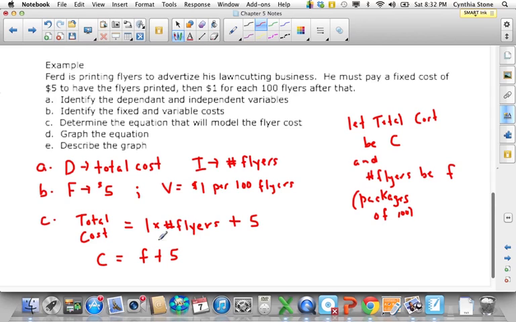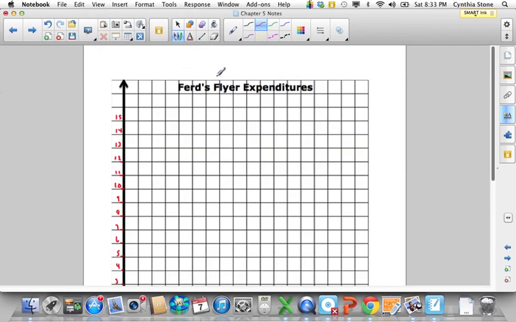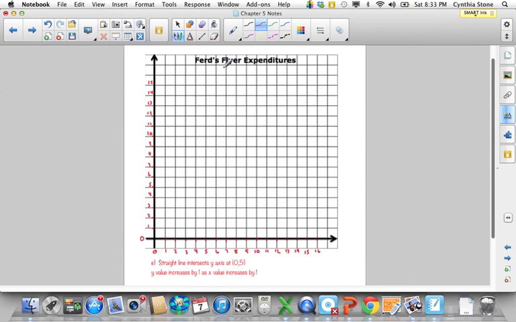Next it says graph that equation. Well, I just want to remind you again that dependent variable is y, independent variable is x. So let's look at the next page. Make this smaller so you can see the whole thing. You can fill out your grid there.